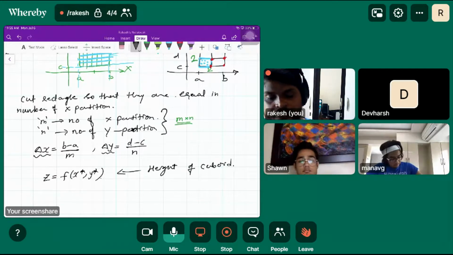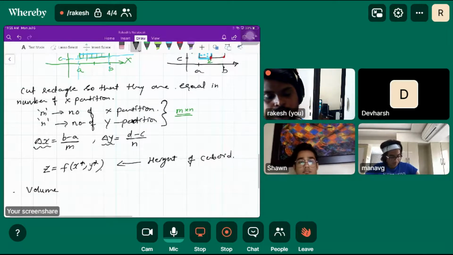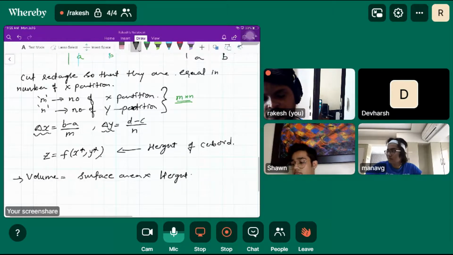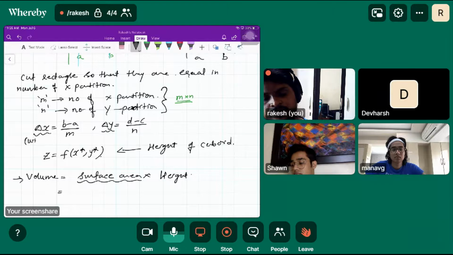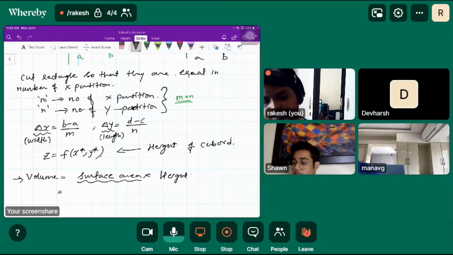Once you get the height, what next? You find the volume. Volume is equal to surface area into height. So what is the surface area? Width into length. Del x is the width of the rectangle, del y is the length of the rectangle. So you can write del x into del y.